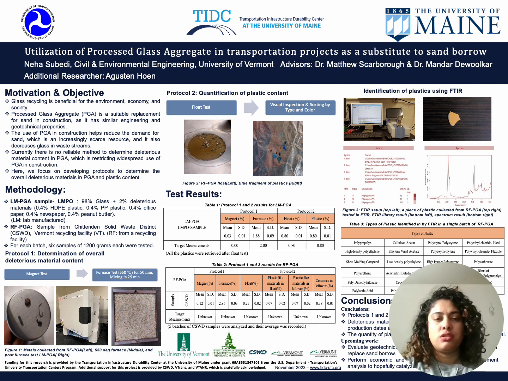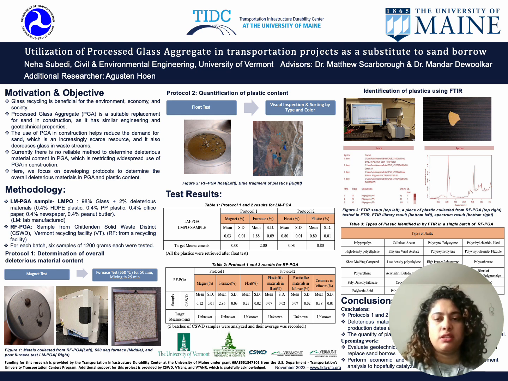For the magnet test, in Table 2, we recorded an average of 0.12% metal content and 2.86% of deleterious materials removed from the furnace test. The overall deleterious material was found to be around 3% from the sum of the magnet test and furnace test.